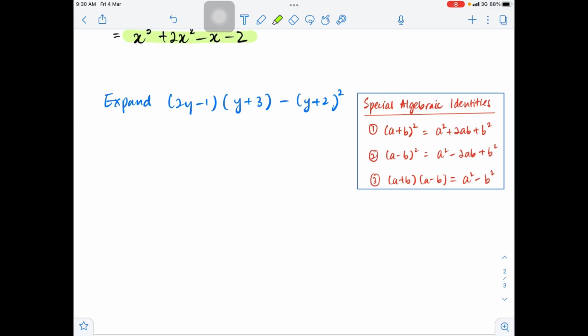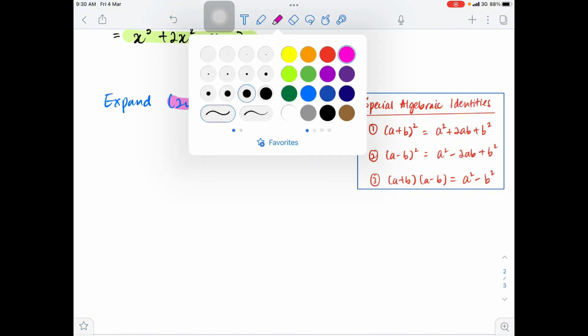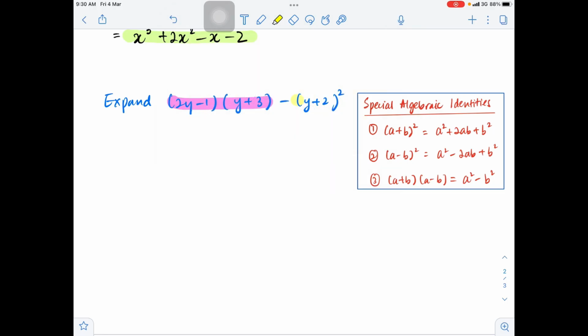Let's move to the third example. Again, if we compare this third example with our special algebraic identities, we can see that the first part is certainly not like any of the special algebraic identities. But let's look at the second part. We can clearly see that (y plus 2) whole thing squared is similar in structure to our first special algebraic identity, (a plus b) whole thing squared.